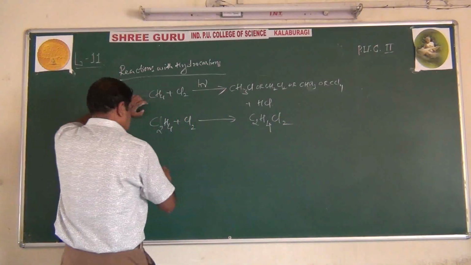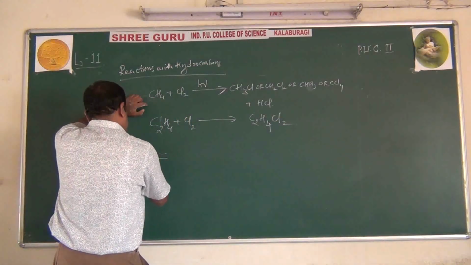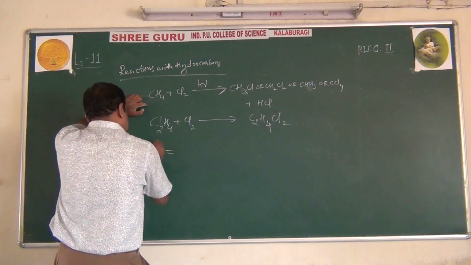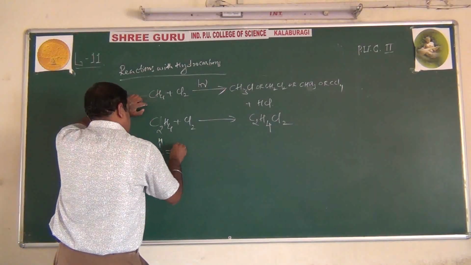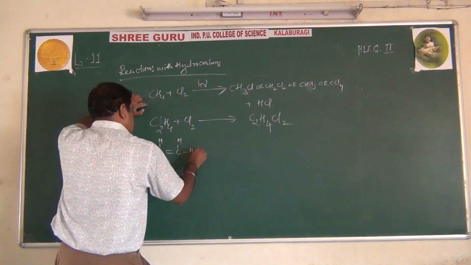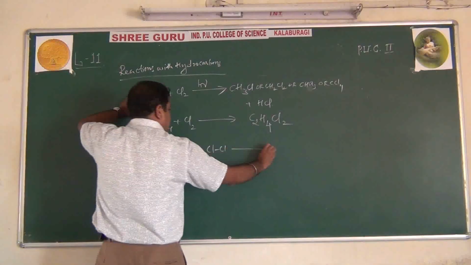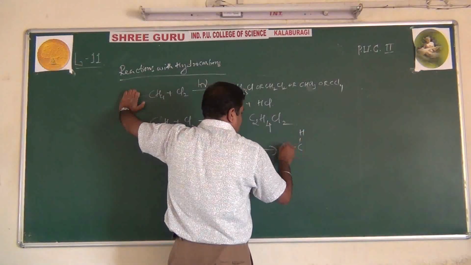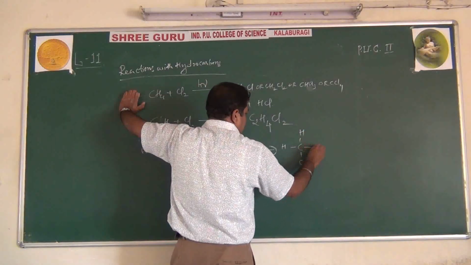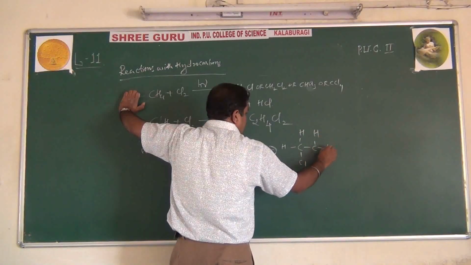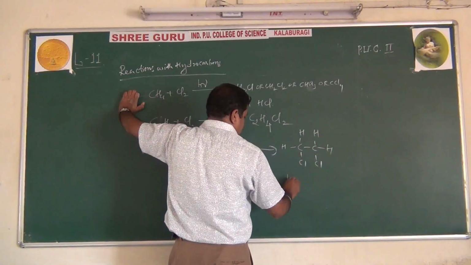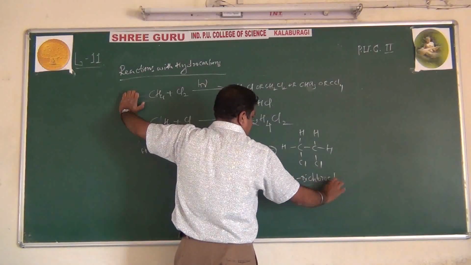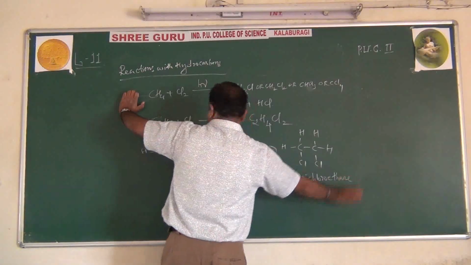You write this structurally like this: plus Cl2 reacts across the double bond, breaking it, to form 1,2-dichloroethane.